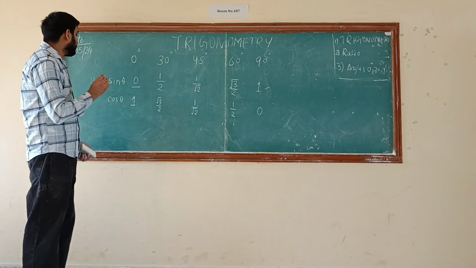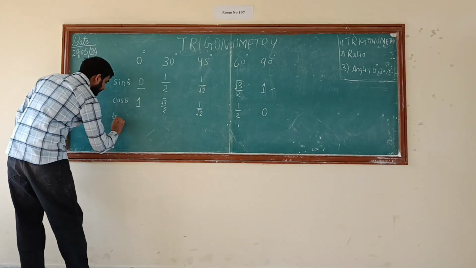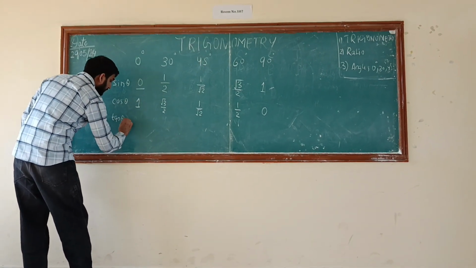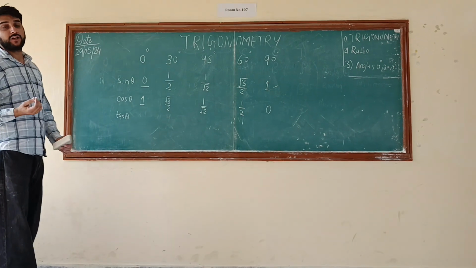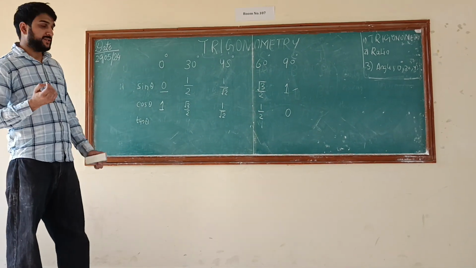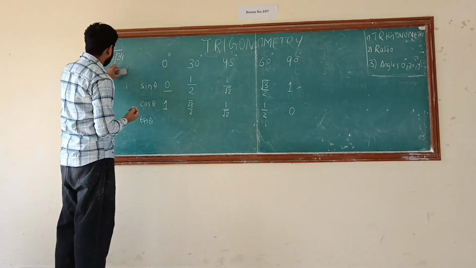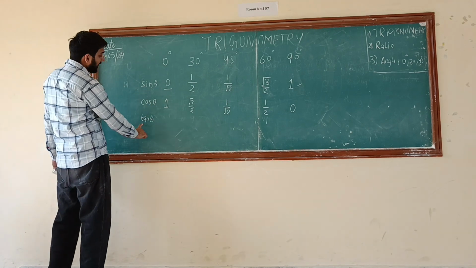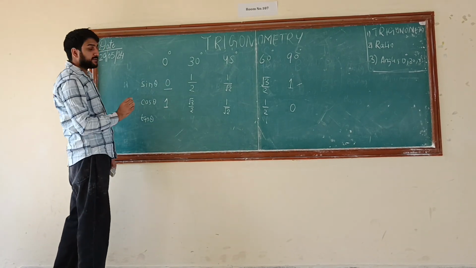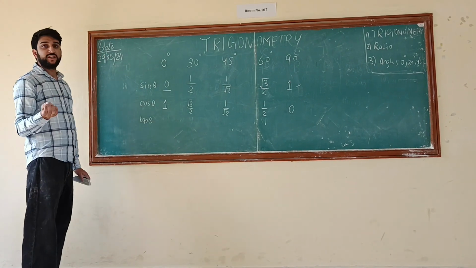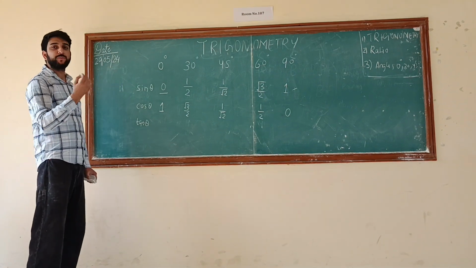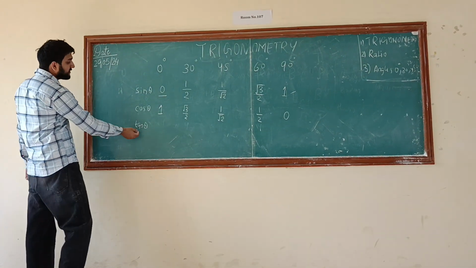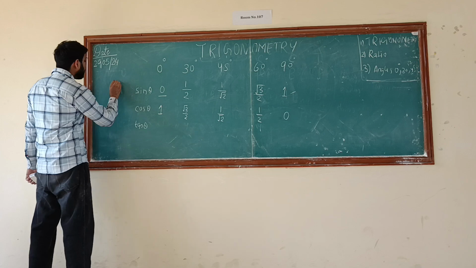The next is tan theta. We know tan theta is equal to sin theta upon cos theta. So here tan theta is equal to sin upon cos. If we want to find the tan 0 degree, then we have to divide sin 0 degree upon cos 0 degree. So tan 0 is equal to 0 upon 1.